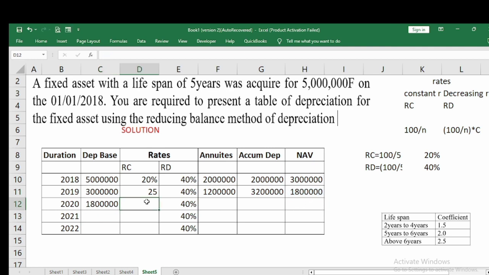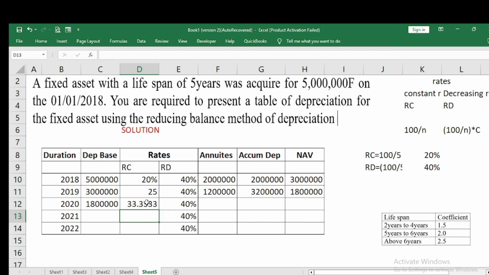So to know the rate here now, since here was divided by 5, here divided by 4, so here will be divided by 3. 100 divided by 3. Awesome. So I have 33.33%.